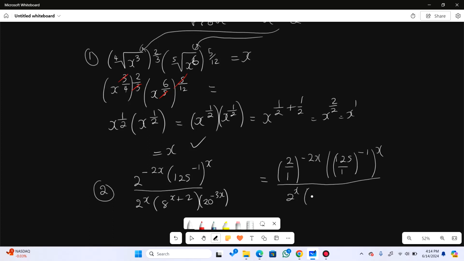And then if you change the 8, you notice that 8 is the same as 2 cubed, isn't it? So you have 2 cubed to the power x plus 2, and then 20, right? So 20 is the same as 4 times 5, which is the same as 5 times 2 squared, right? I think let me check.